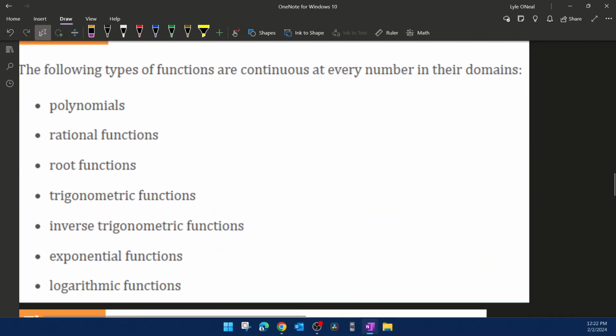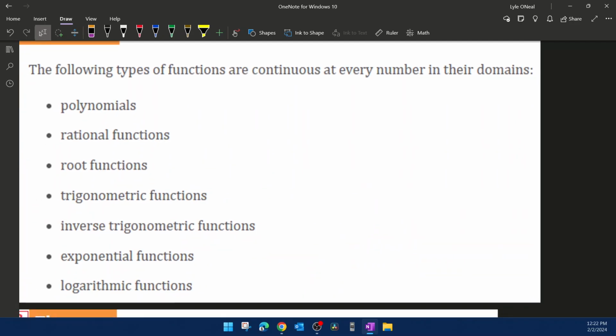And then another theorem says the following types of functions are continuous at every number in their domains. It's important to realize that when they say on their domains, if any of these functions have a restricted domain, what this is saying is that it will be continuous, but only on the domain of the function.